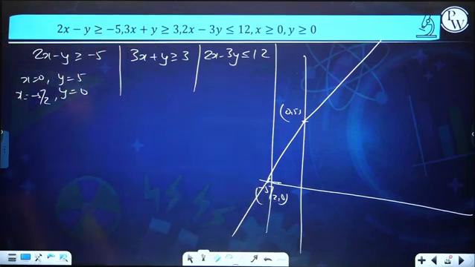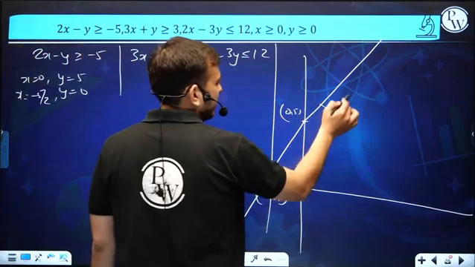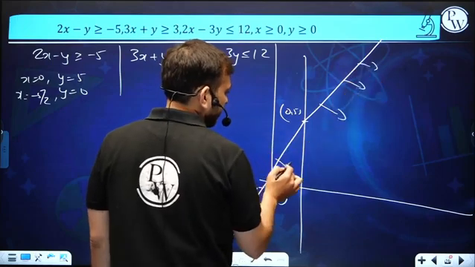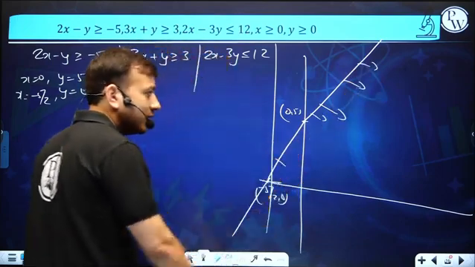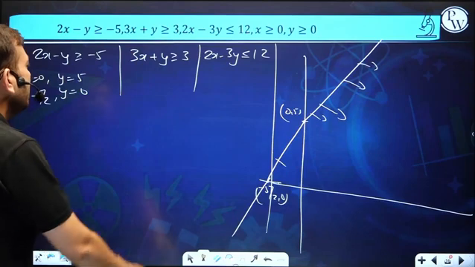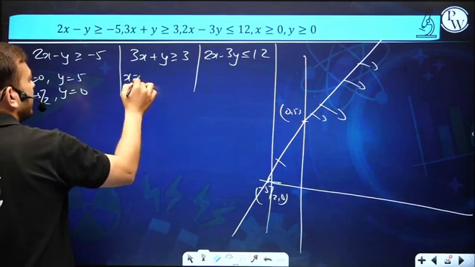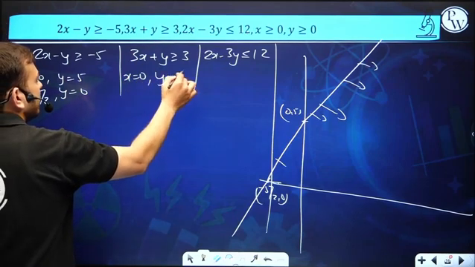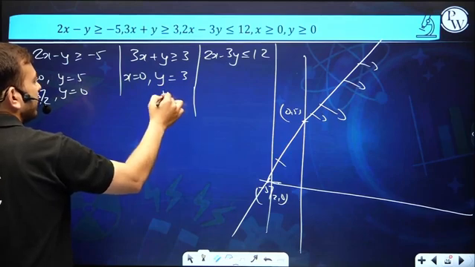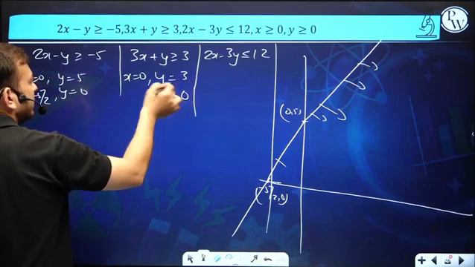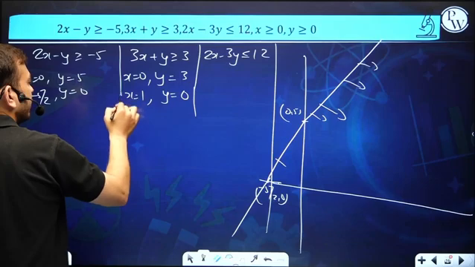Now take 0, 0, sir. Is 0 greater than minus 5? Yes, 0 is greater than minus 5. I need the first quadrant, no? So forget about this. Now coming to this part: if x is 0, y is 3. If y is 0, x will be 1.